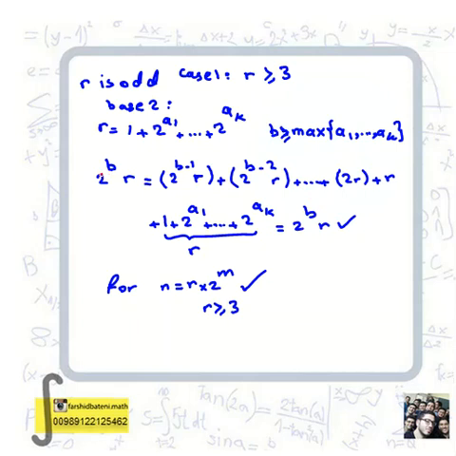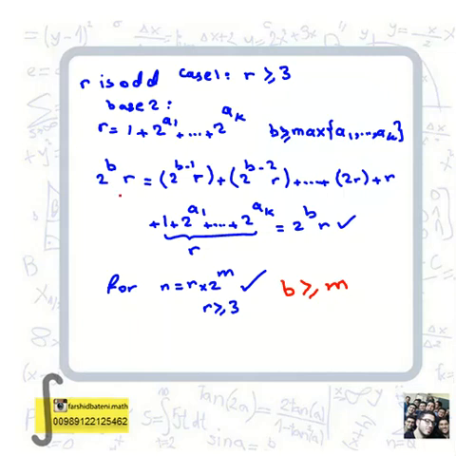So we proved it for 2 to the b times r. Now if you consider a number, for example, n equals an odd number times 2 to the m, we proved it for large b: for b greater or equal to the maximum of these terms, it's true, and 2 to the b times r is good.